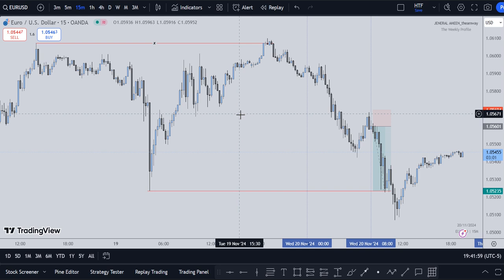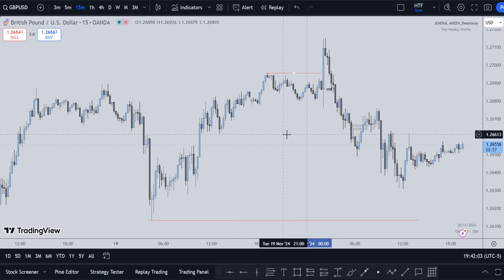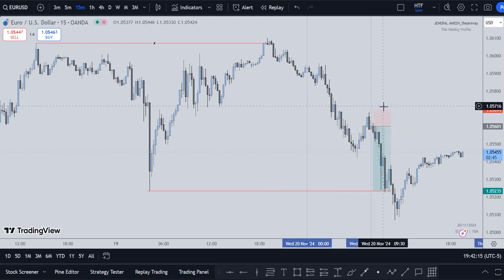As opposed to GBP USD, which didn't happen. So with GBP USD, we had Wednesday running Tuesday's high, and then USD failing to do so.